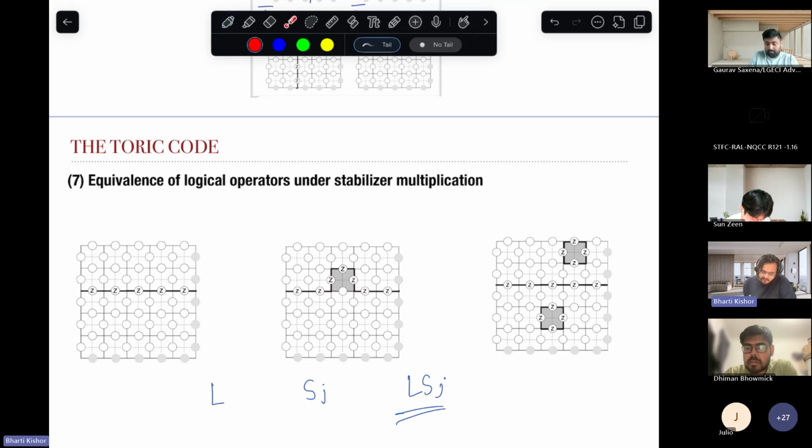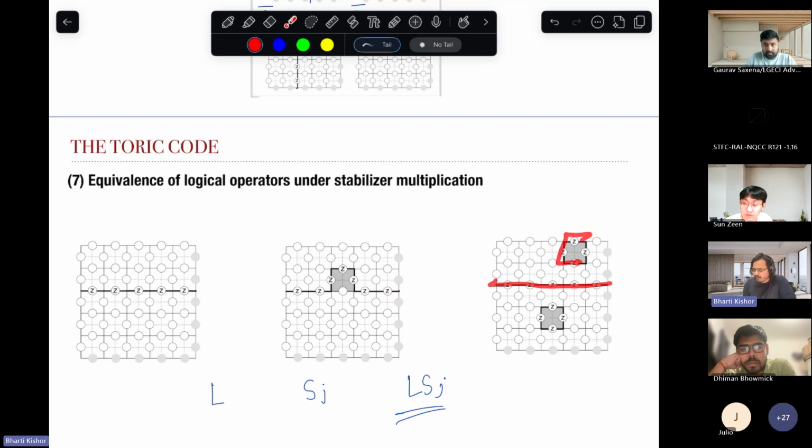So here, this non-trivial loop is a logical operator. This plaquette is a stabilizer. So when I multiply the two, because this Z is in common, you get identity here. Then you are left with this object here. So that is also the same logical operator.